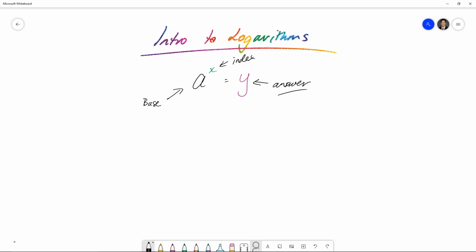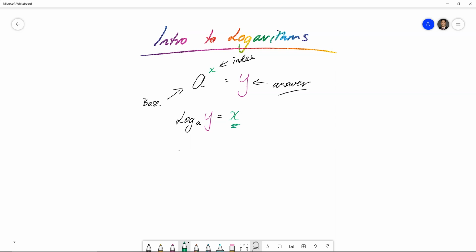But when we put it into log form, I'm just going to rewrite it for you. So we have log base a of y equals x. In terms of logs, I would like you to see the color coordination of the corresponding components.